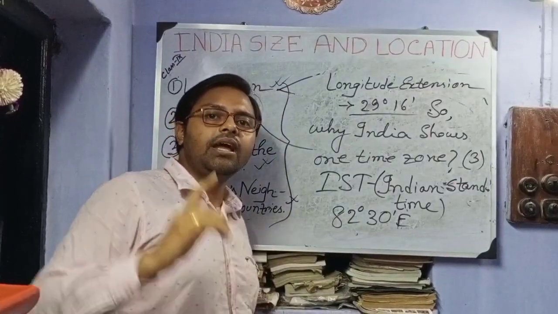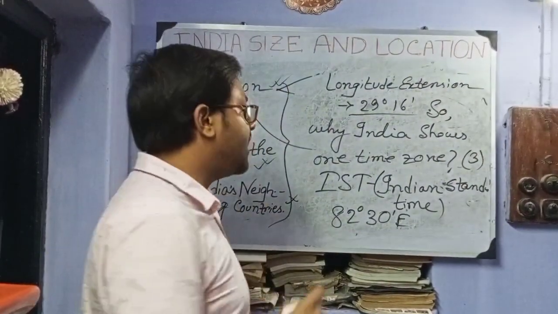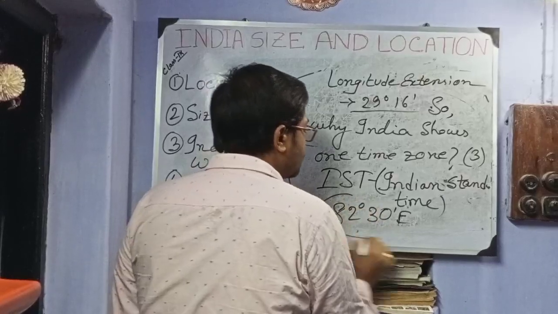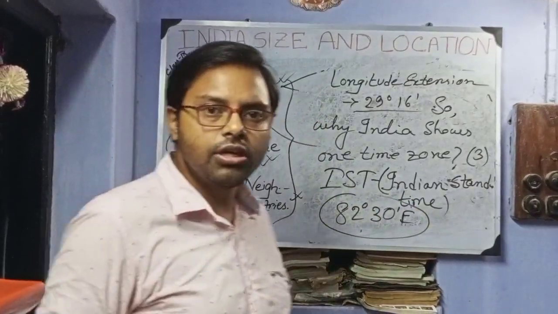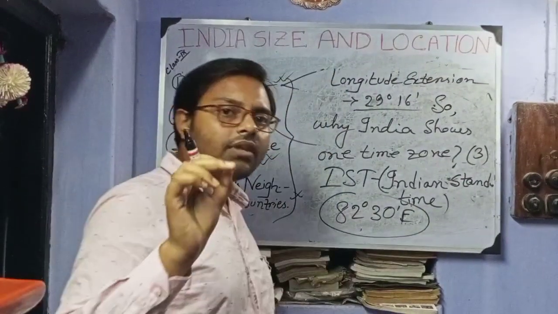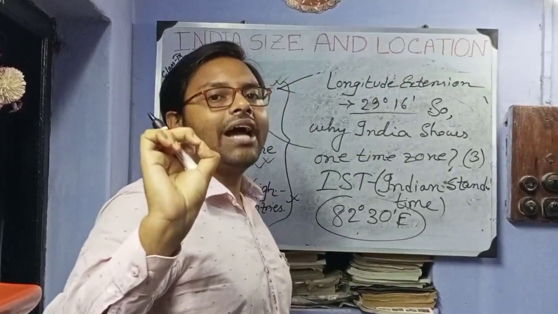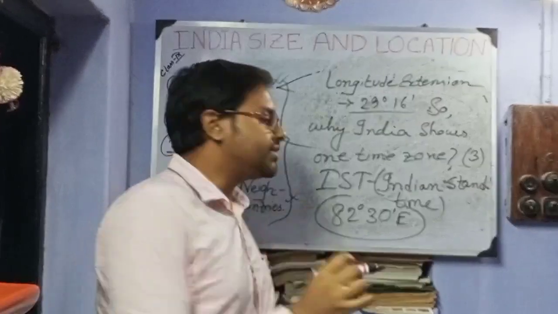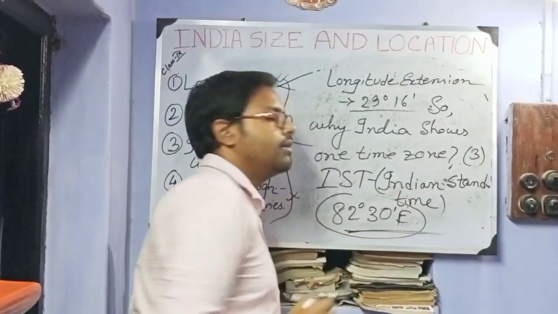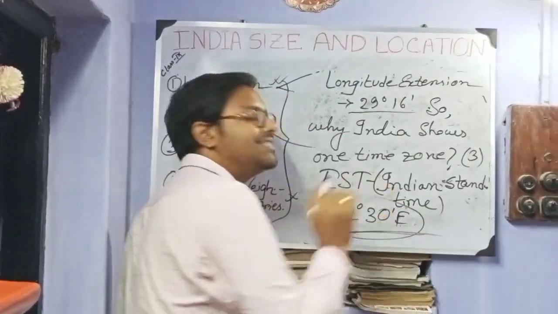So India has taken the middle of its longitudes, 82 degrees 30 minutes east near Allahabad, and it has become Indian Standard Time, and throughout India this time zone is secured and taken.